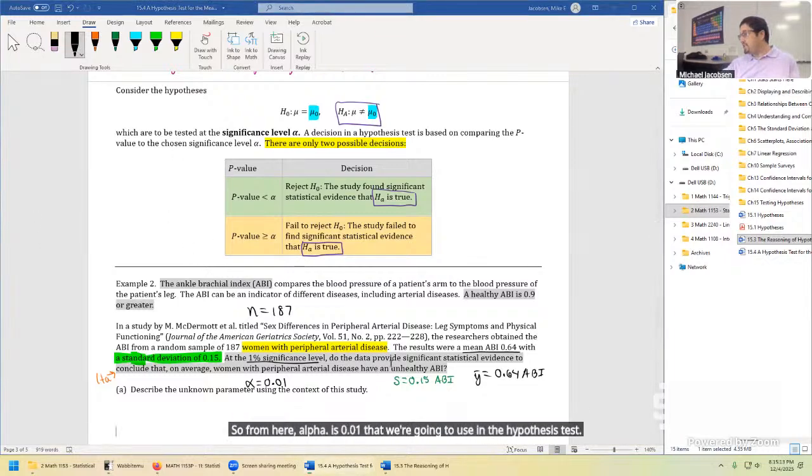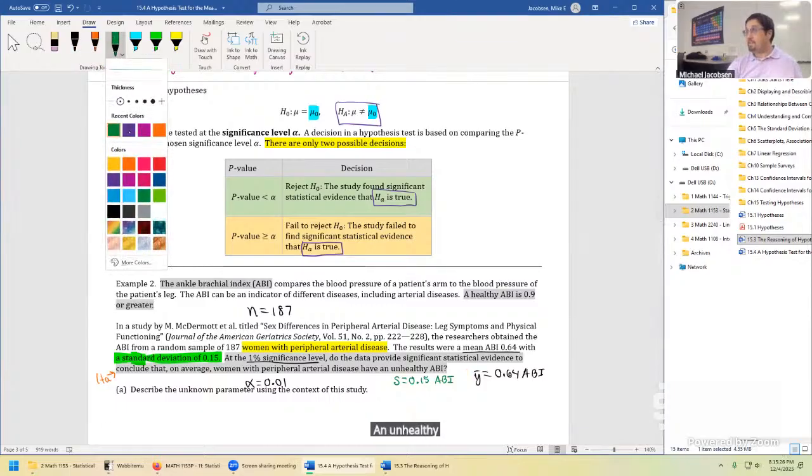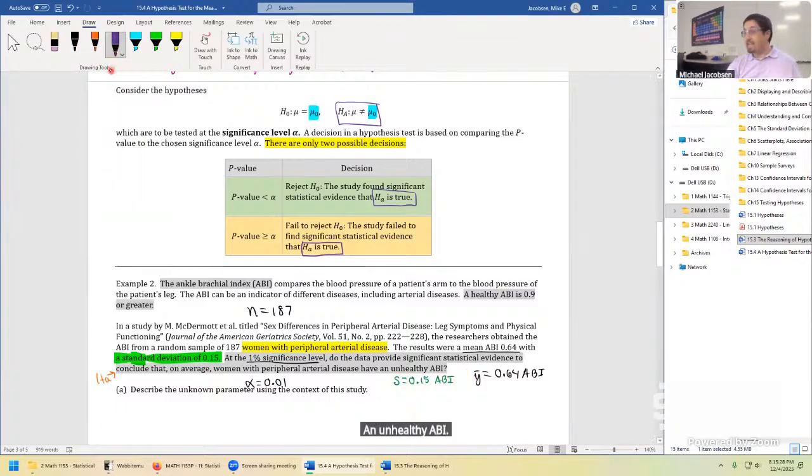Do the data provide significant statistical evidence to conclude that, on average, women with peripheral arterial disease have an unhealthy ABI? That's a tricky statement because when they said an unhealthy ABI, that's the form of the test. It's either a left-tailed test or a right-tailed test.